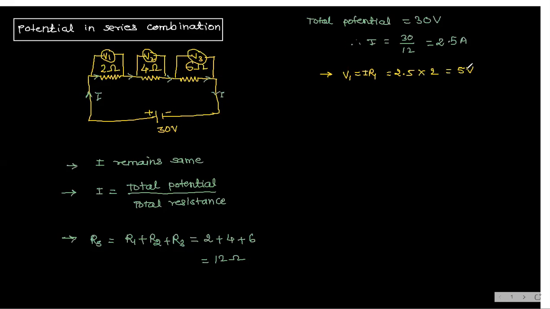Next, V2 is equal to I into R2, which is 2.5 into 4, that is 10 volt. And V3 is equal to I into R3, that is 2.5 into 6, which is 15 volt.